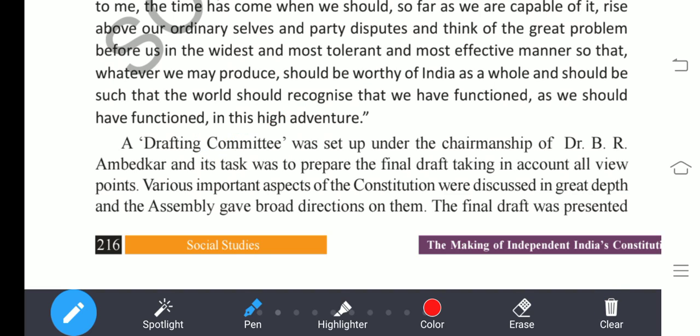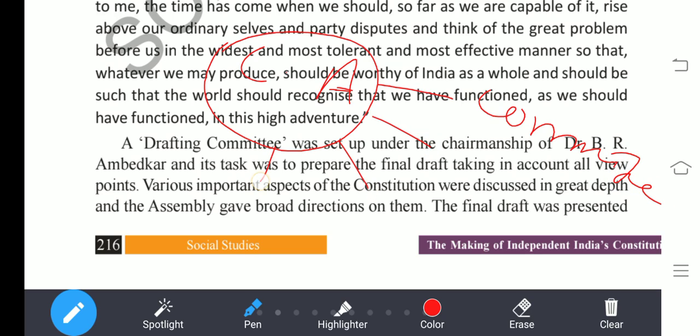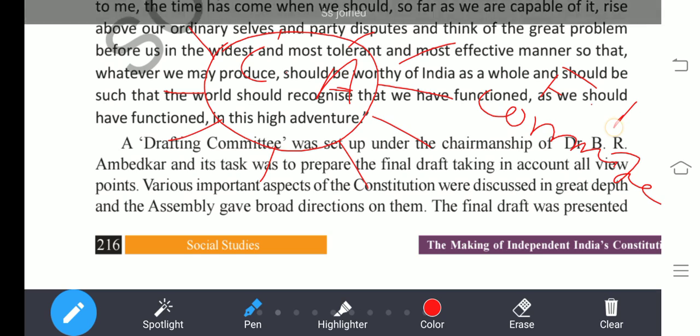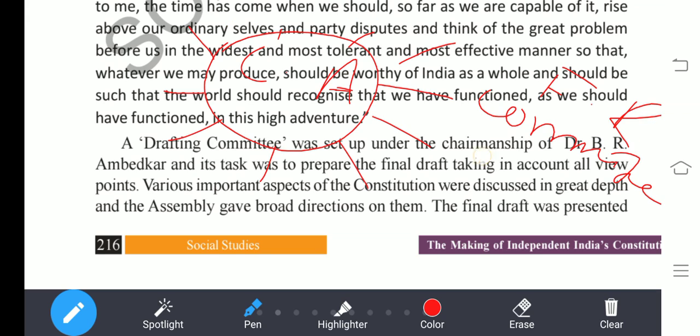It means that, look here, my dear students, it is the Constituent Assembly. In short, I am writing. From the Constituent Assembly, various committees were appointed: one committee, two, three, four, five, six, seven, like this. One committee on fundamental rights, one committee on state administration, one committee on fundamental duties, like this.